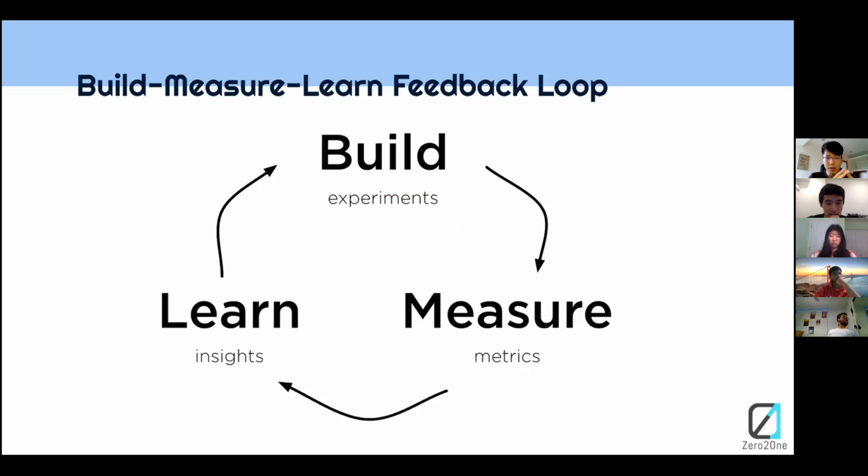You measure key metrics like engagement and retention, figure out whether your product actually solves the problem, and you learn from the insight. And you continuously build these experiments. Remember, MVP is part of the process. It's not the solution, it's not the end product. You keep on doing experiments and iterations, and then you will finally build something that has product-market fit at the end.